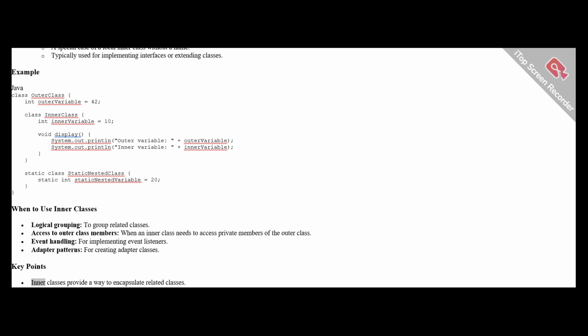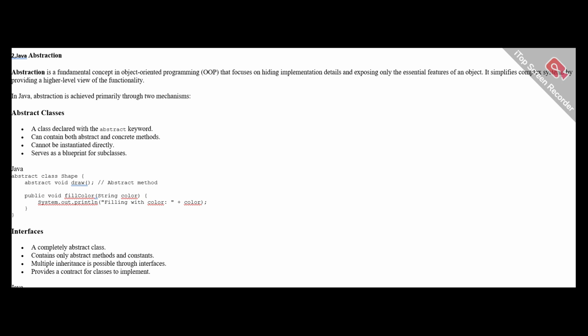Key points. Inner classes provide a way to encapsulate related classes. Member inner classes have access to all members of the outer class. Static nested classes can be accessed without an instance of the outer class. Local and anonymous inner classes are used for specific scenarios.